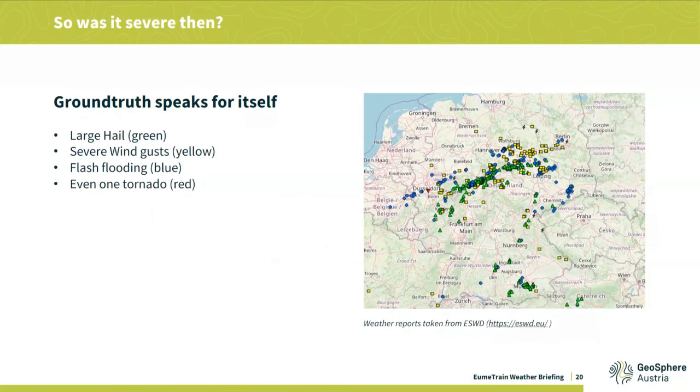Interesting. And then we can have a look at the surface observations. I've taken the weather reports from the ESWD, and you can see pretty much the area where we observed the storms, the cells. In green, you can see the observations for large hail. In yellow, the severe wind gusts. In blue, the flash flooding, and there was even one tornado observation.